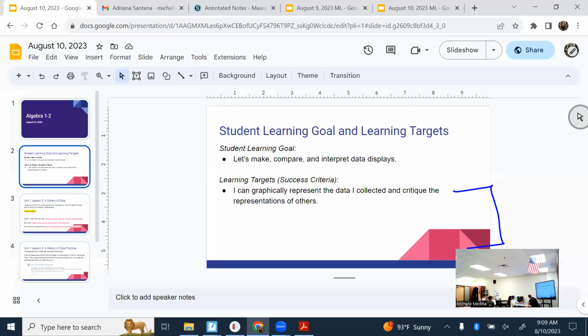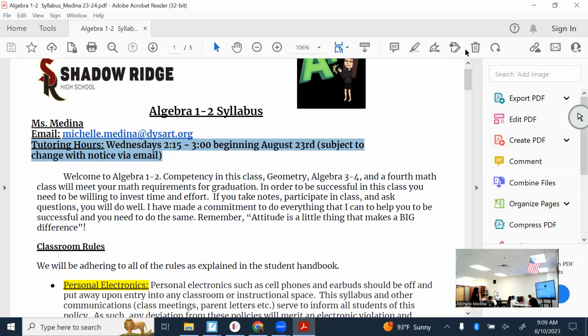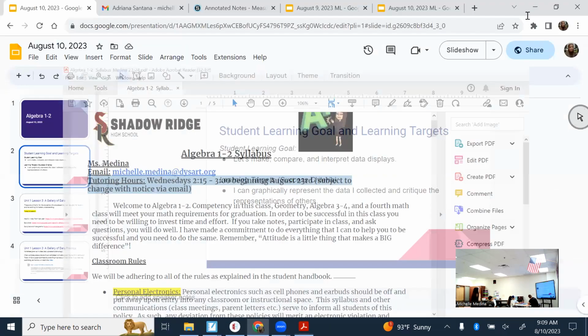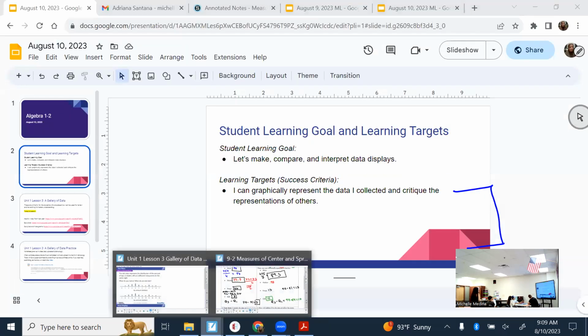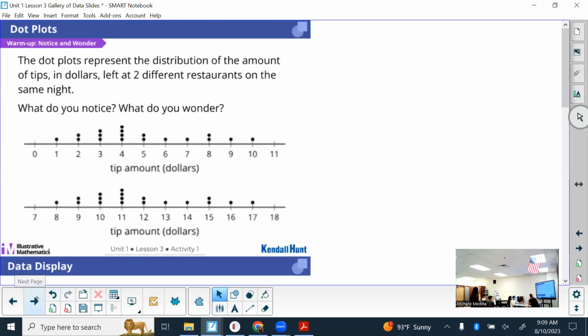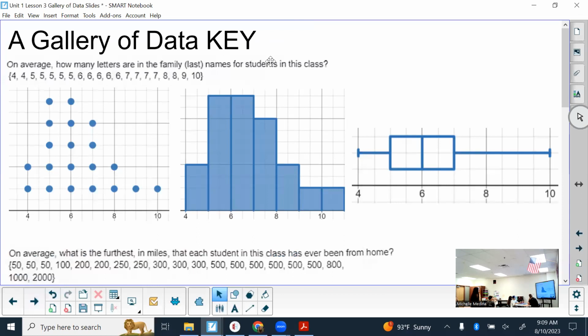That was something that I saw last year a lot too, and I also saw again this morning. And knowing an appropriate scale for your given data is a skill. So here's one of the data sets that you might have had. How many letters are in the last name for students in this class? Ranging from 4 to 10.